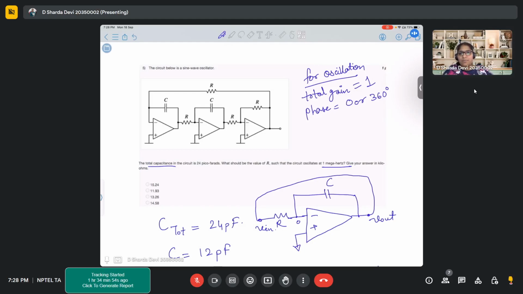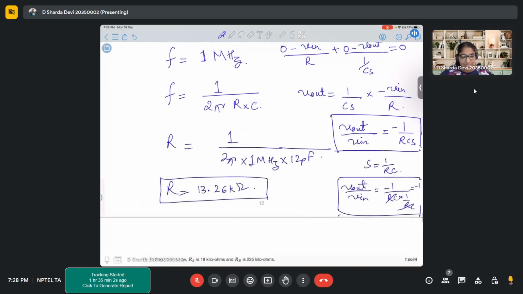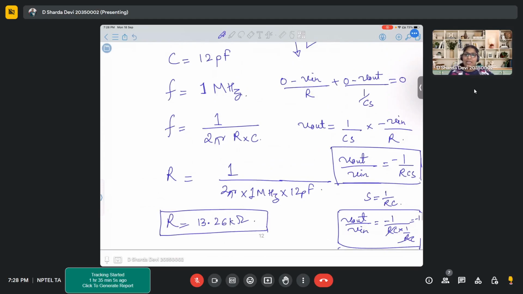Here the circuit was simple, only one R and one C, so the resonance frequency is 1 upon RC. And if I'm saying frequency in hertz, then I want 1 upon 2 pi RC. So that's why I wrote it down directly.